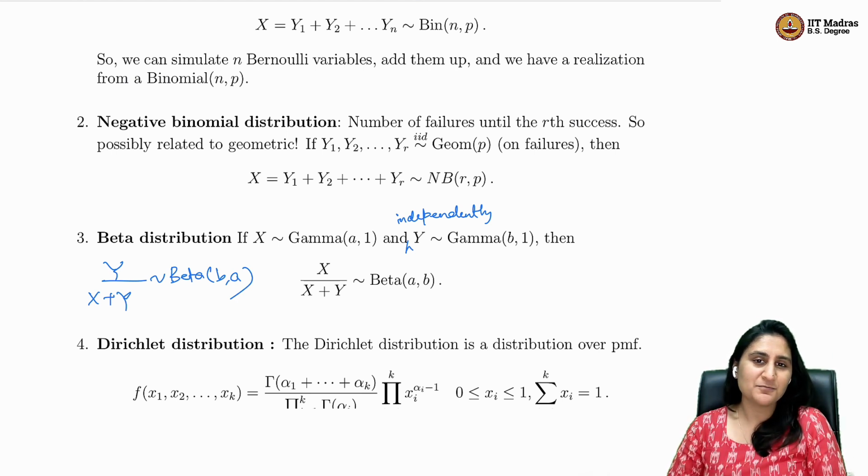We can use this relationship to draw beta random variables.